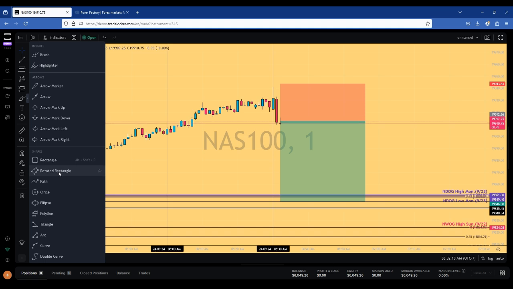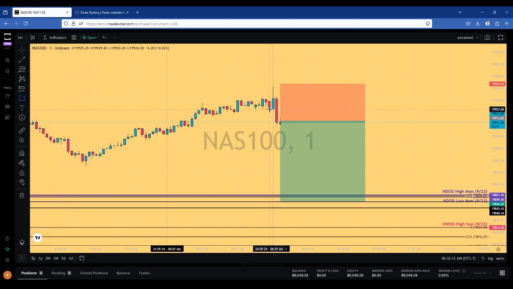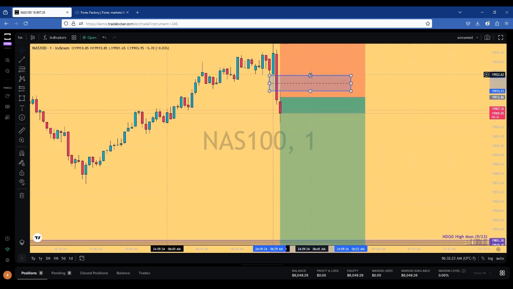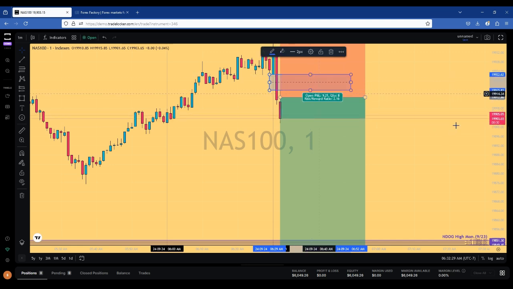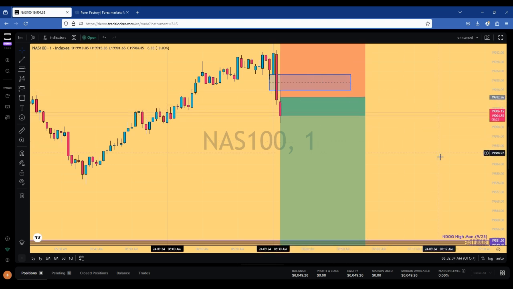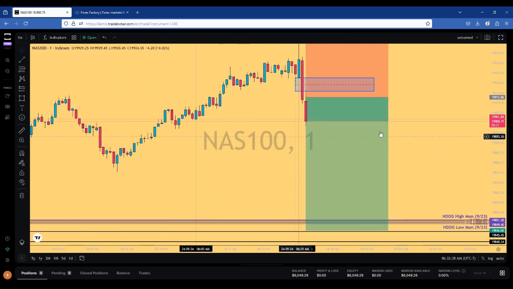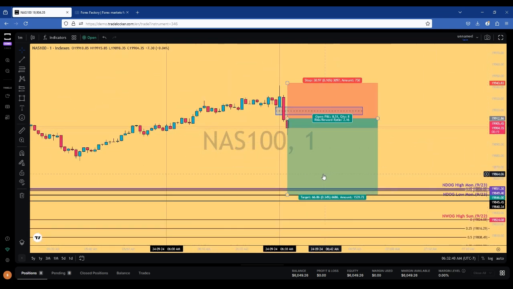Creating some displacement up here. Potential fair value gap for our entry. If I don't see anything right now, I'll be looking again after 7, after the second news event.